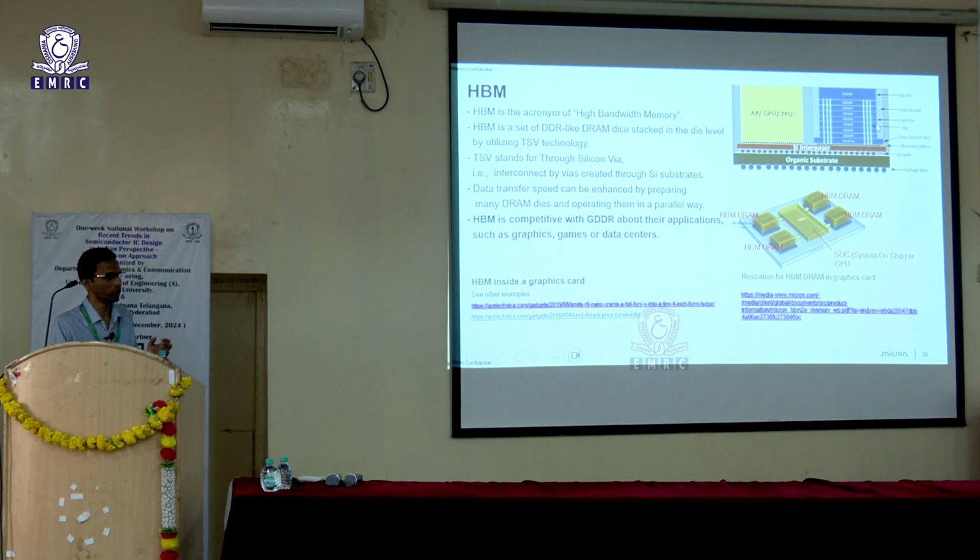These are the through silicon vias. You have through silicon vias through the DRAM all the way up here, and this is your GPU, which is housed right next to it. We have this on a silicon interposer, which eventually gets connected to a substrate. This is the 3D view of it again. You have your SoC or GPU sitting here, and each tower that you see here is an HBM DRAM chip. This tower is what you would see here.